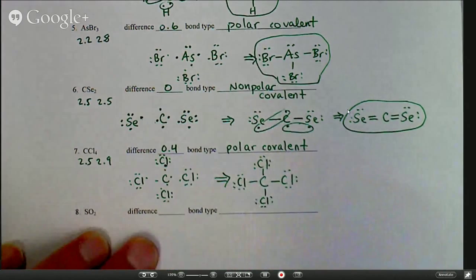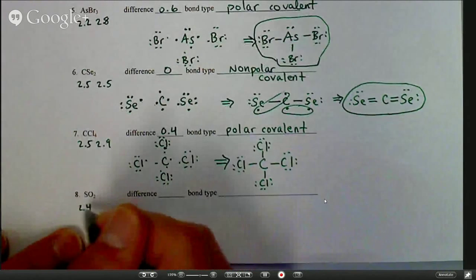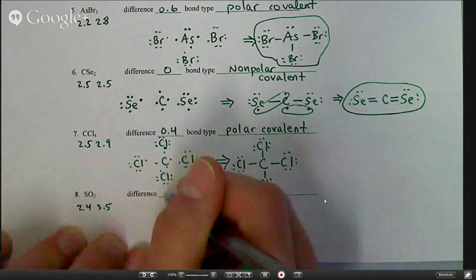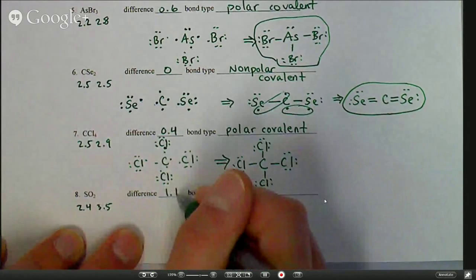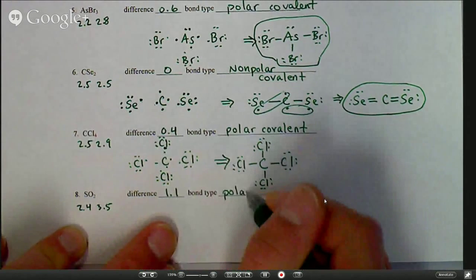Okay. And then lastly, in number 8, sulfur is 2.4, oxygen is 3.5. The difference here is 1.1, which fits within our requirements for polar covalent.